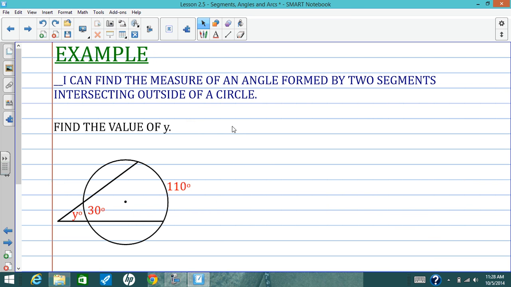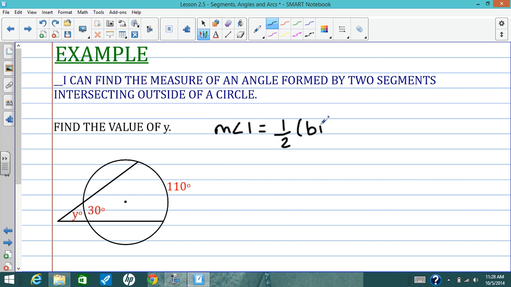So pause the video here. Using that theorem, find the value of y. So we start with the formula, the measure of the angle. We'll just say angle 1 is 1/2 times the big arc minus the small arc.